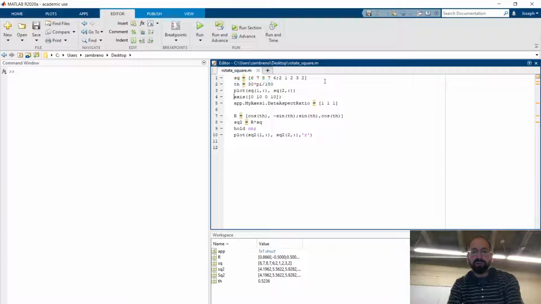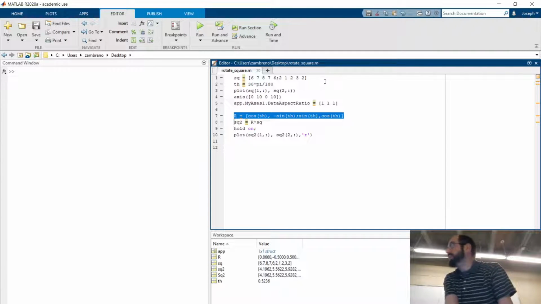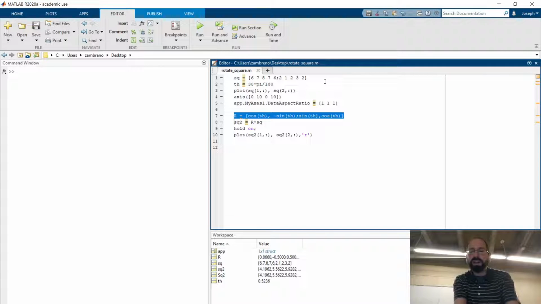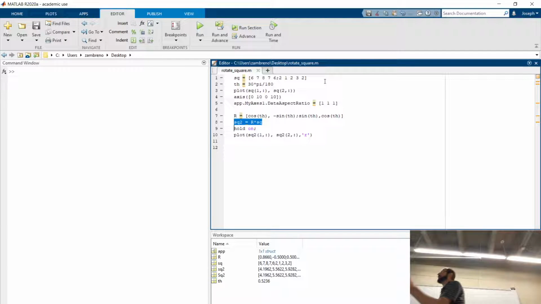There's our value of theta. We then plot that initial square, set the axes accordingly, and keep the axes square so squares look kind of square. We then just define in MATLAB our actual rotation matrix. So there's our 2 by 2 rotation matrix of cosine, negative sine, sine, cosine. Of course MATLAB makes what otherwise is a lot of code in other frameworks and languages very easy.